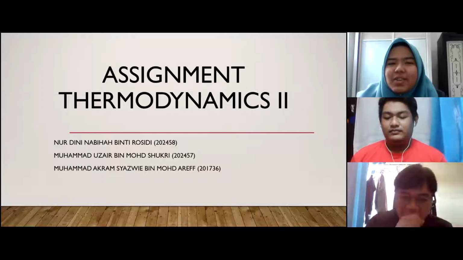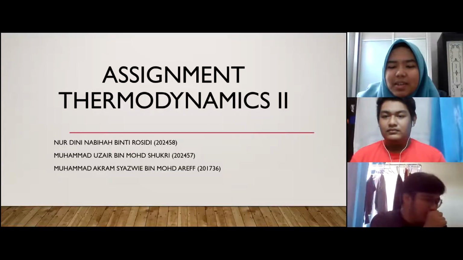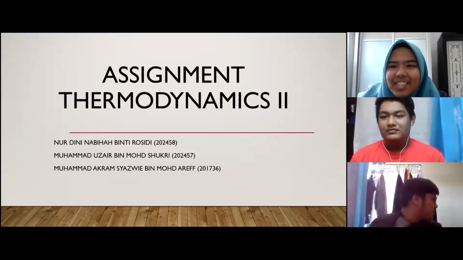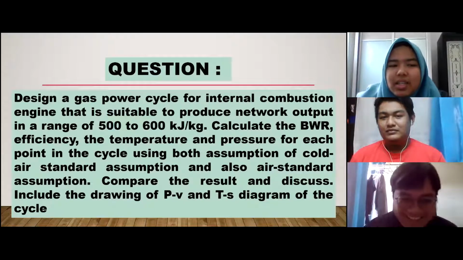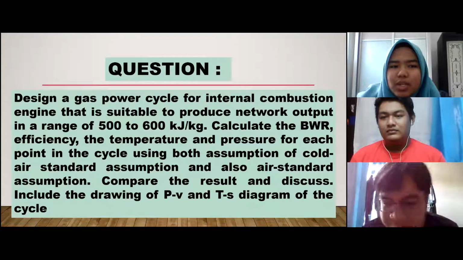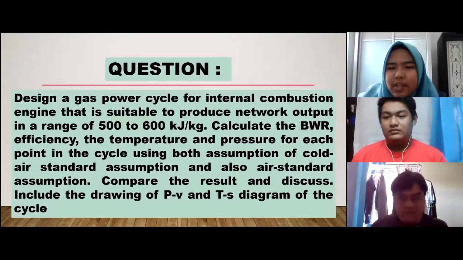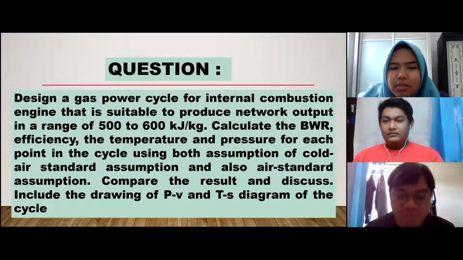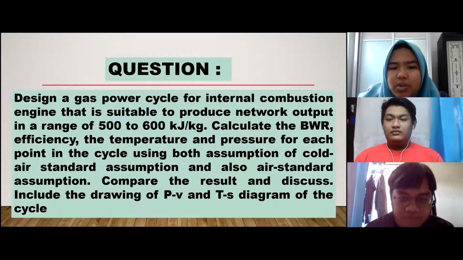So we are going to continue with our question. This is our question. We decided to design a power cycle for an internal combustion engine that is suitable to produce a net work output in the range of 500 to 600 kilojoule per kilogram.